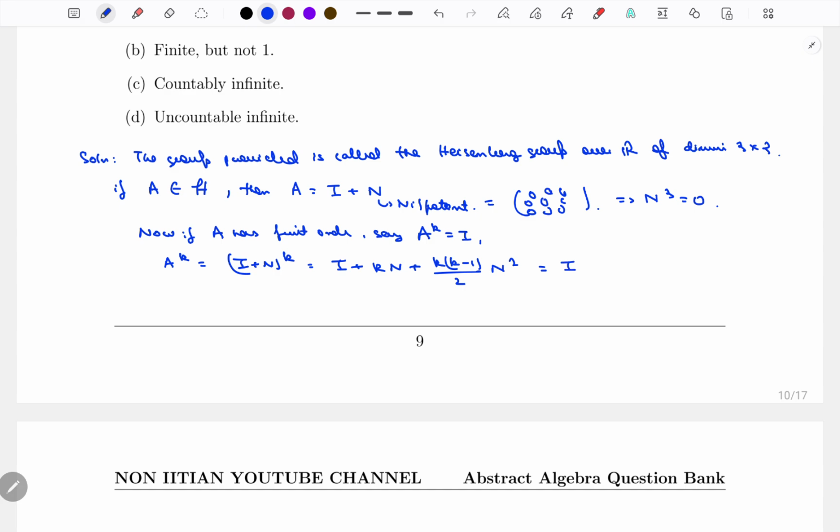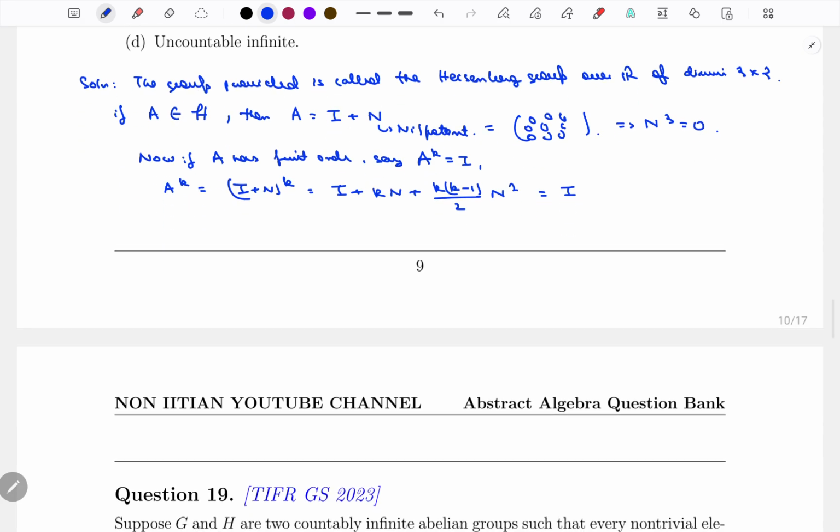So this is equal to identity. But what does this imply? This implies that k times N plus k times (k minus 1) over 2 times N squared is equal to 0, and we can just cancel out by k, since k will obviously be a positive integer.